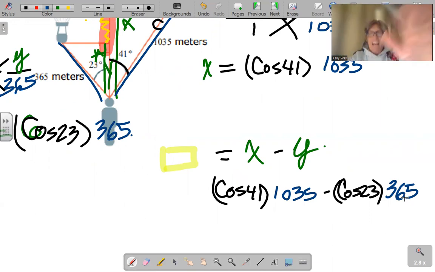It wants you to do the entire thing on a calculator. I'm going to write this down so I don't lose track. Cosine 41 times 1,035 minus cosine 23 times 365. We're going to do this both on the ALEKS calculator and the TI, so you can see them both.